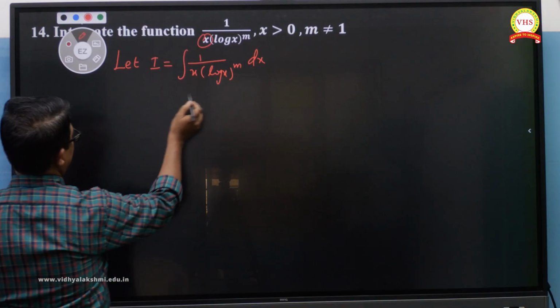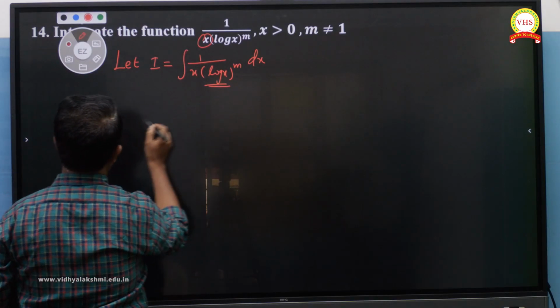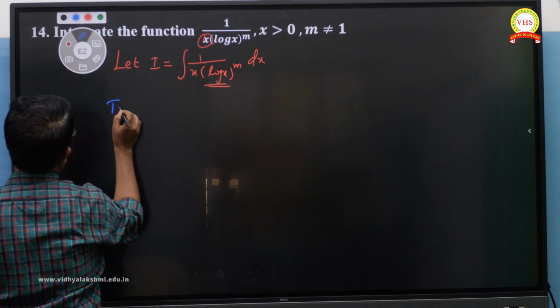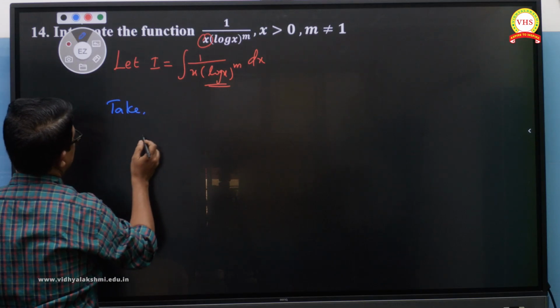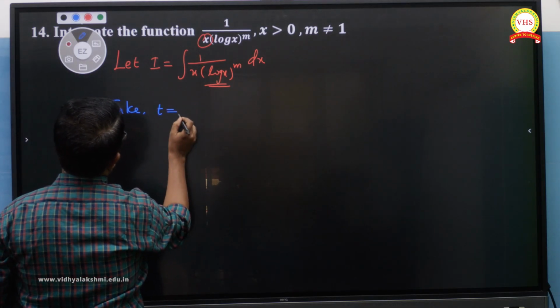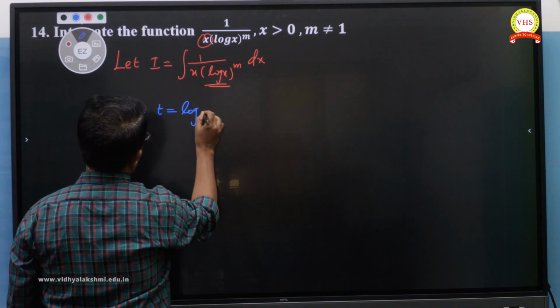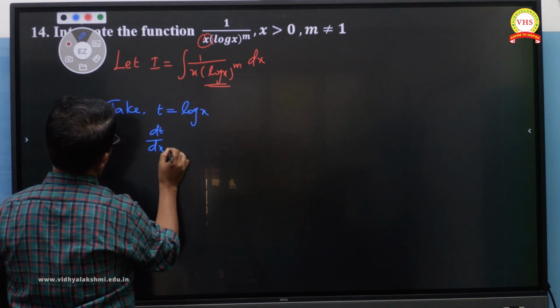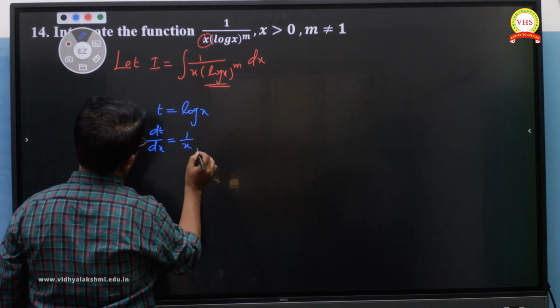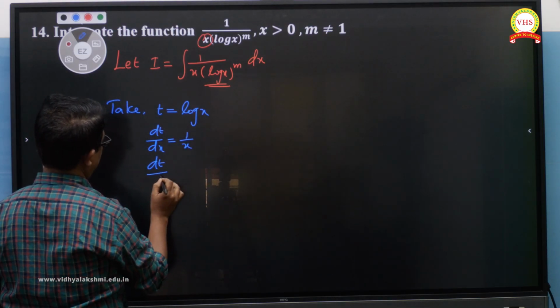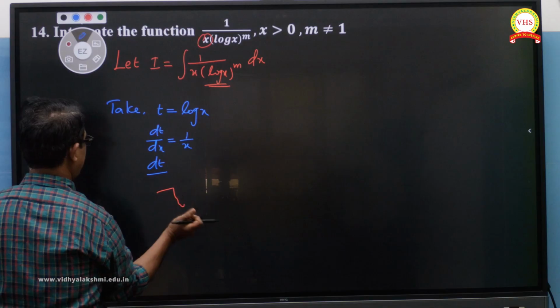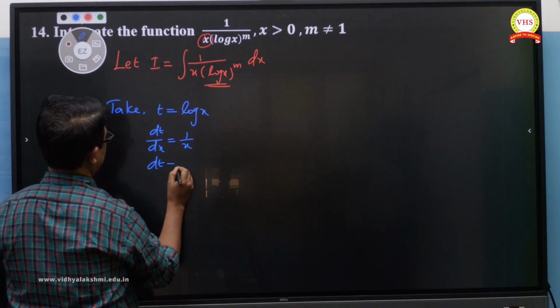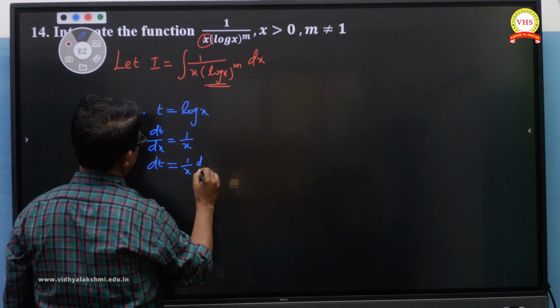Now, within the bracket, the second variable is t equal to log x, Kanna. And dt by dx equal to the derivative of log x, which is 1 by x. I need only in terms of t, so dt equals 1 by x into dx.